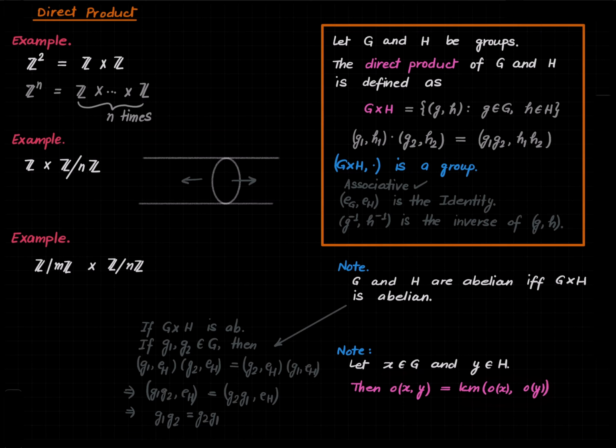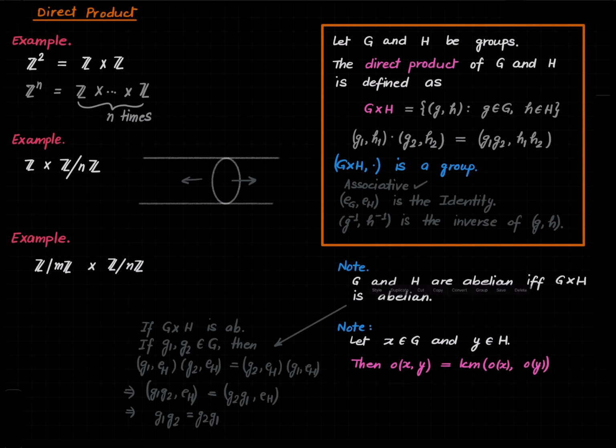So why is this? The infinite cases I leave as an exercise. Even this should be left as an exercise, but here is the thing. Suppose they are both finite. Suppose the order of x is, let's call that m, and the order of y is n. And let's say the order of (x, y) is d.